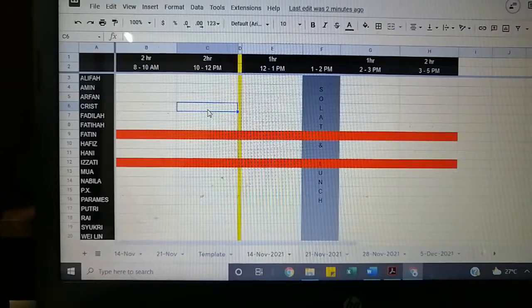Also the timing: 8 to 10, please stop at 10, or 10 to 12, please stop at 12. I know it might be hard because not all of us can finish within the time frame. I understand that, because even last time, when I scanned Shuk, I took 3 hours to complete the abdomen and KUB.